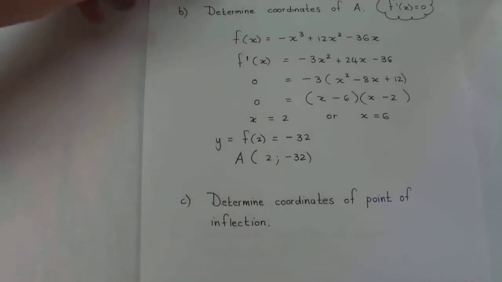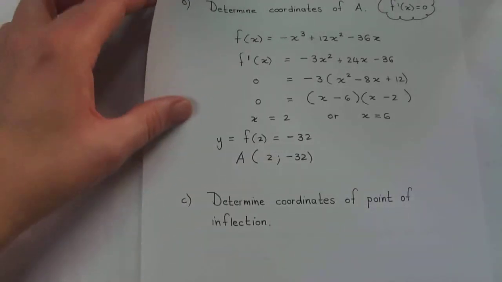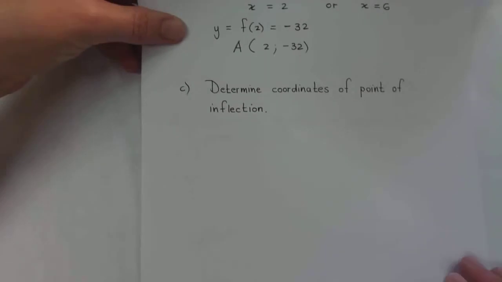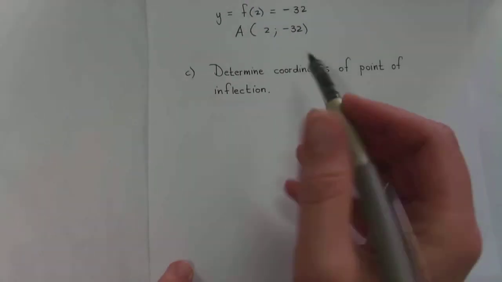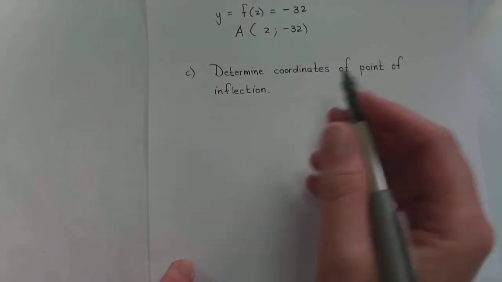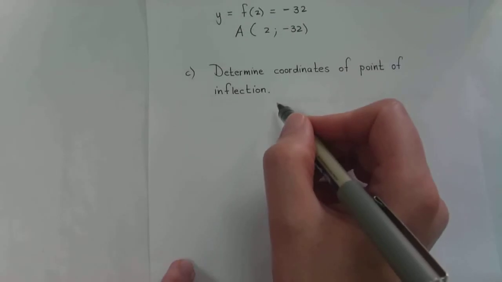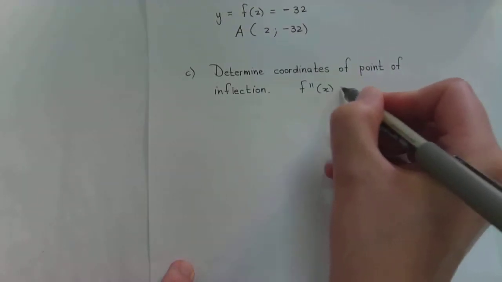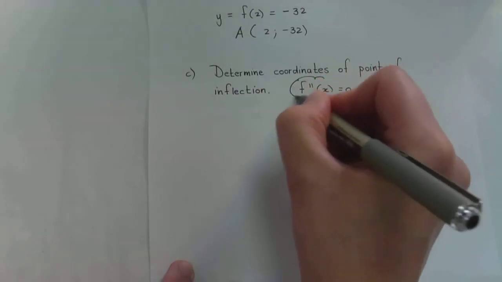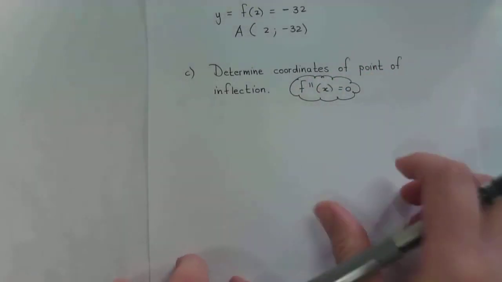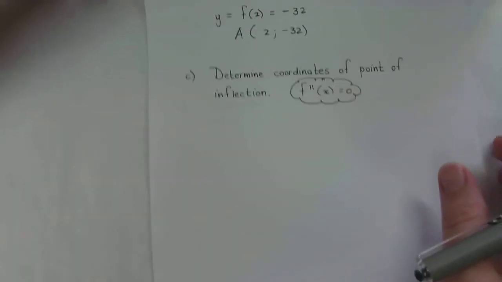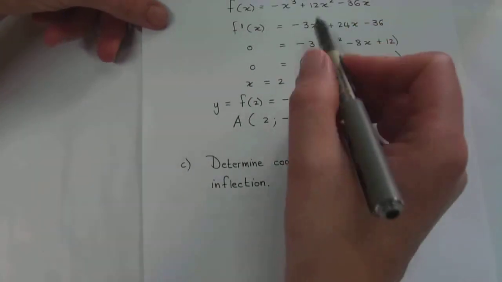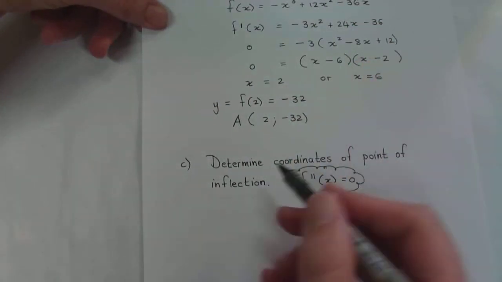Now the next question then says, determine the points of inflection. Now again, that is something we did in the previous video, determining the points of inflection when we were drawing the graph. So please remember, points of inflection, we have to set the second derivative always equal to 0. You have to know that, people, is knowledge. Okay, so second derivative equal to 0, and we find the second derivative by just finding the derivative of the first derivative.